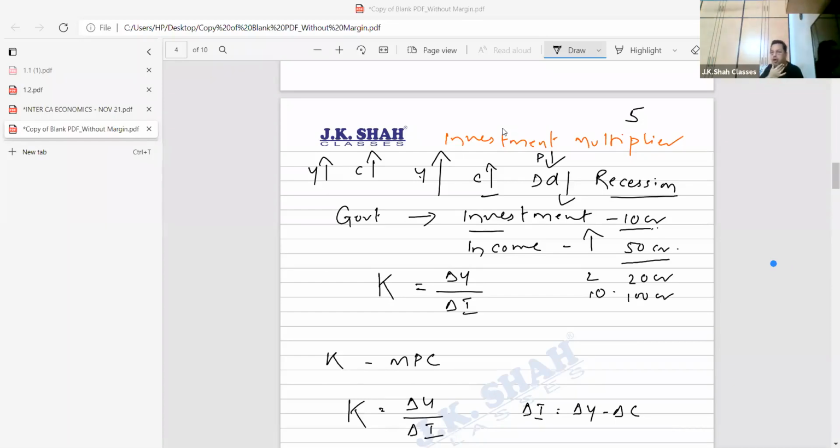The value of multiplier depends upon the value of MPC. First, this can be understood with the following.